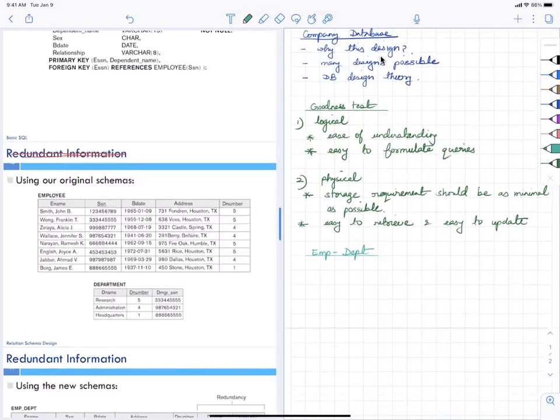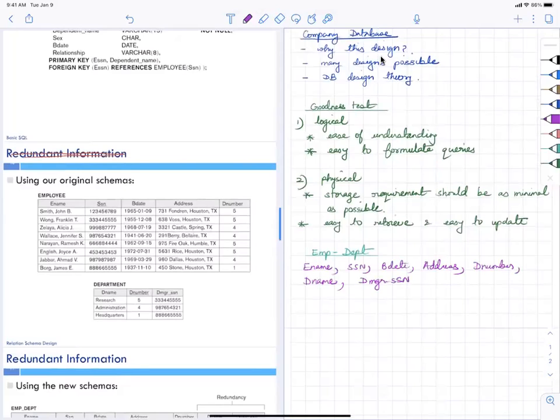So let's say in this new table, I have the following fields. I have employee name, social security number, birth date, address, D number, D name, and department manager's social security number.